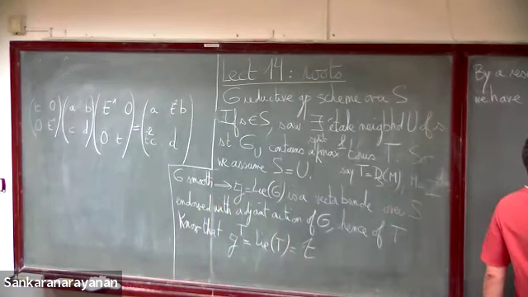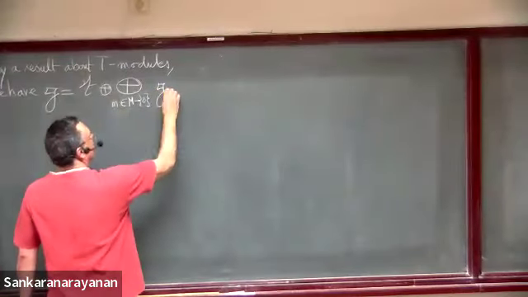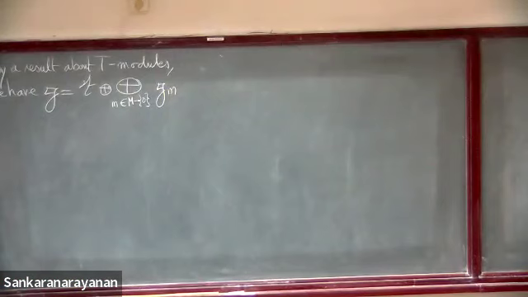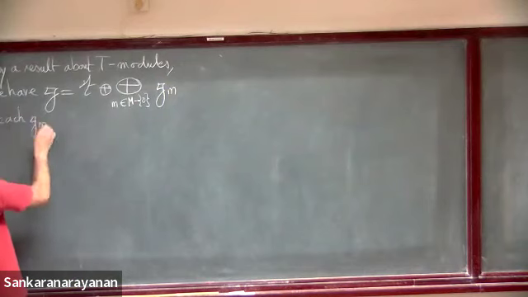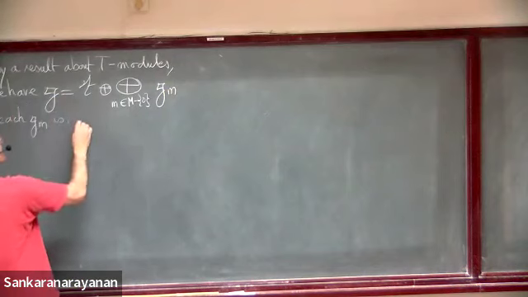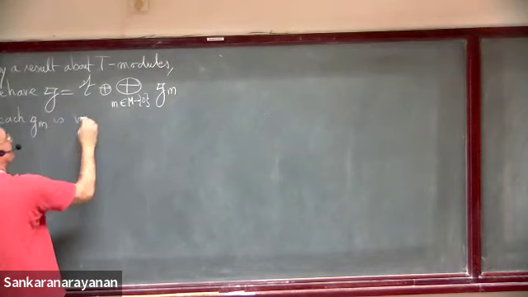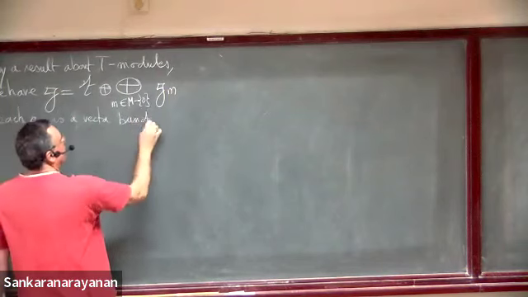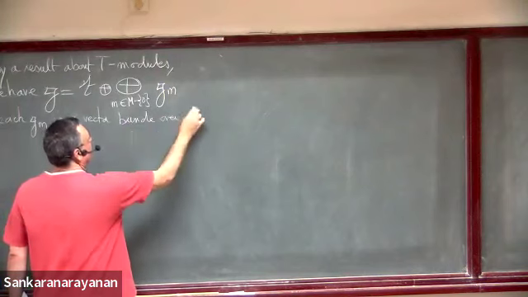And here we have all the weight spaces corresponding to non-zero characters of M. And each g_m, the direct summand in g, is also a vector bundle over S.